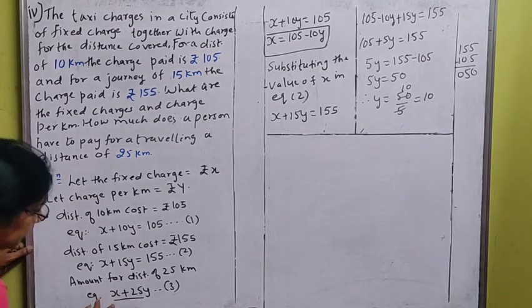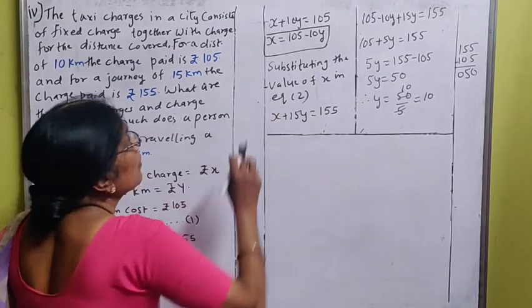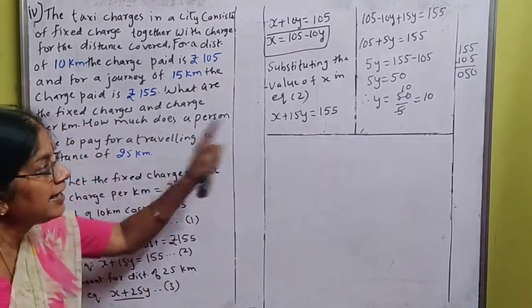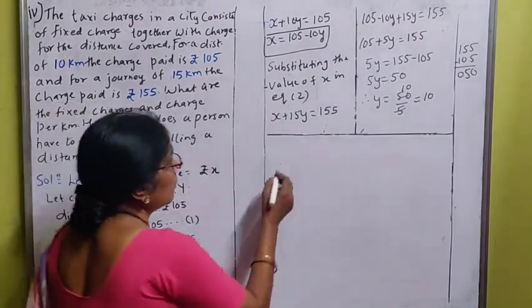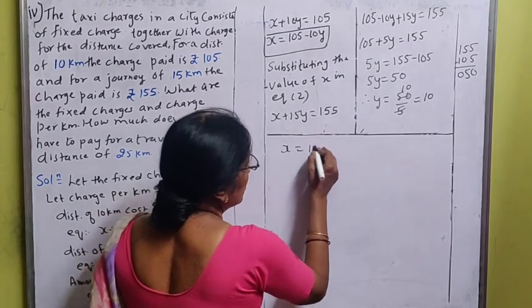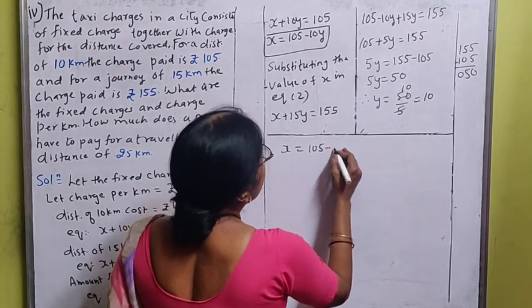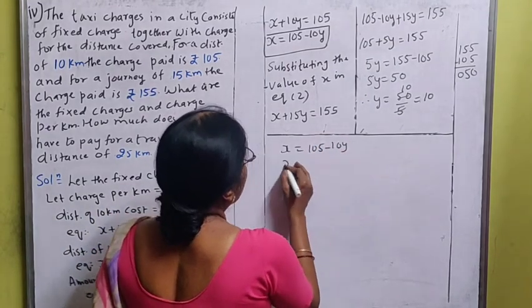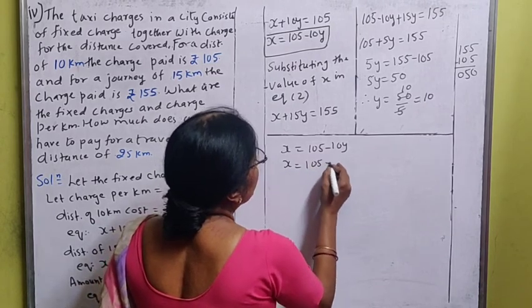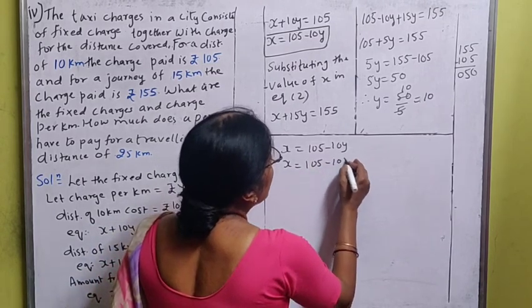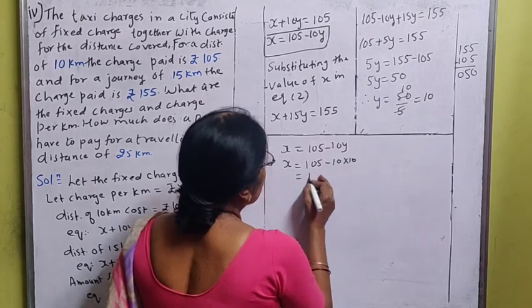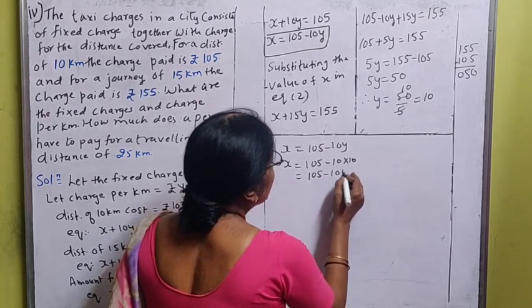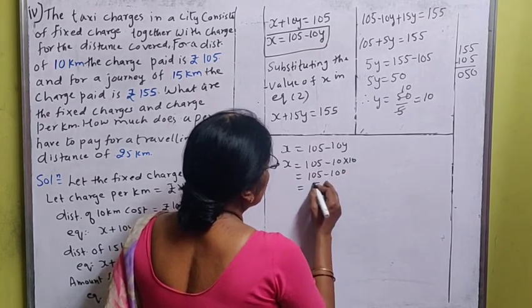I have to take this equation, X is equal to 105 minus 10Y. In that I am going to substitute the Y value. So X is equal to 105 minus 10 into 10, so 105 minus 100, that is equal to 5.